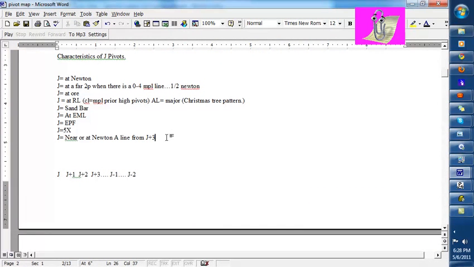At or near a Newton A line from J plus 3. Let me see. Goes near or at a Newton A line from J plus 3. It doesn't really happen that much, so I wouldn't. 0, I have to think about this. 0, 1, 2, 3.